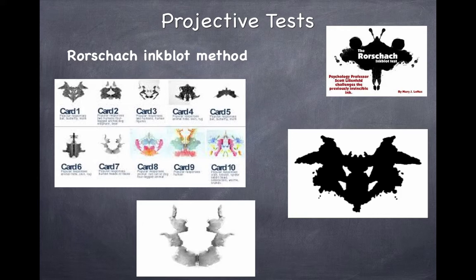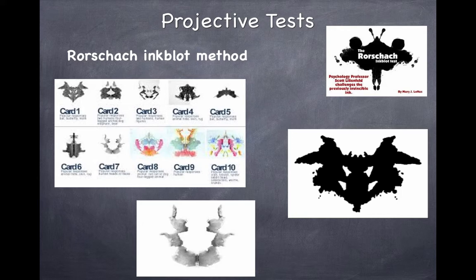Projective tests are a little different. This is the Rorschach ink blot method, a personality test in which people respond to ink blots, drawings of ambiguous human situations, or incomplete sentences, projecting their own inner thoughts, feelings, fears, and conflicts onto these blots.